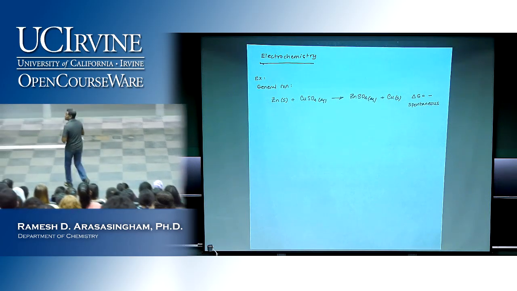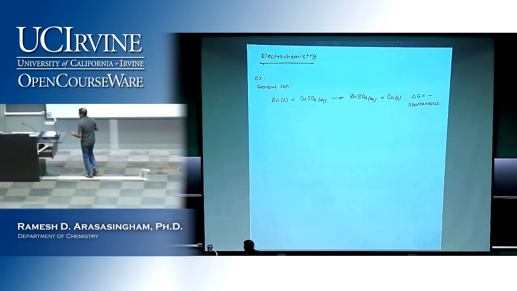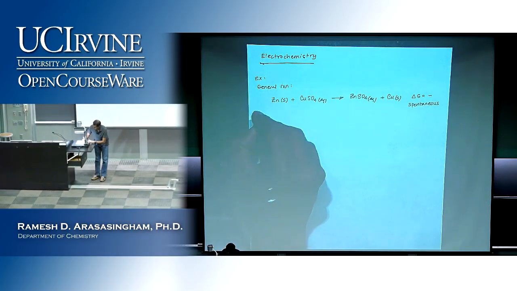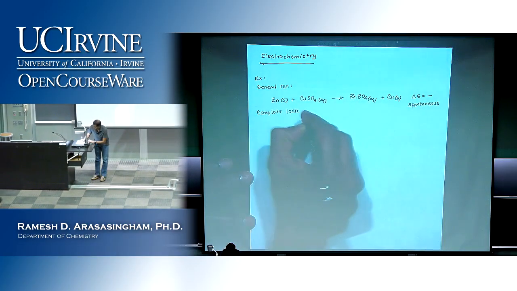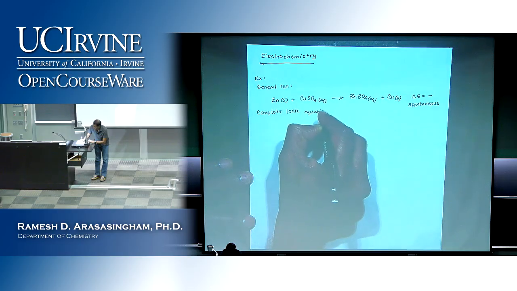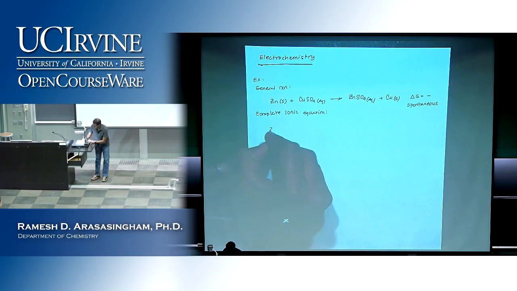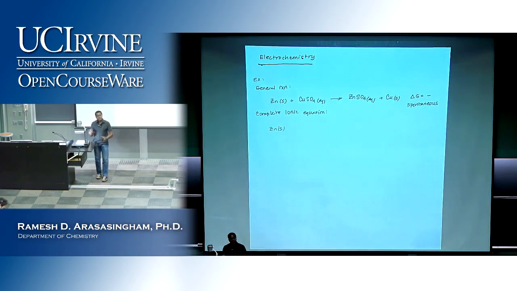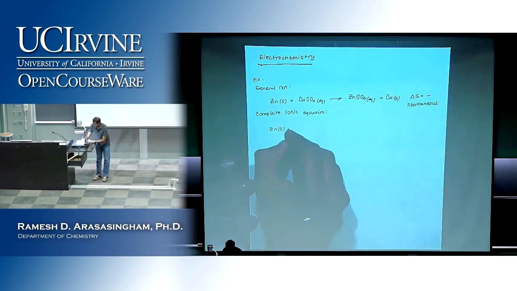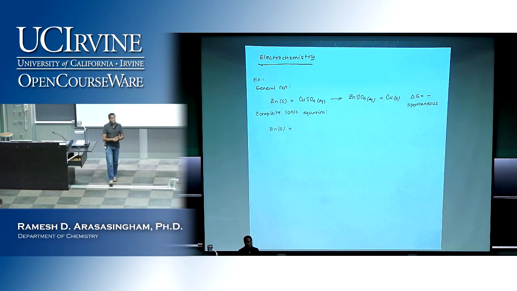Now if we want to write the complete ionic equation, we would write out all the dissociated species. So if you start with zinc, that's metallic zinc, so that does not dissociate in water. But we know copper sulfate is a soluble salt.